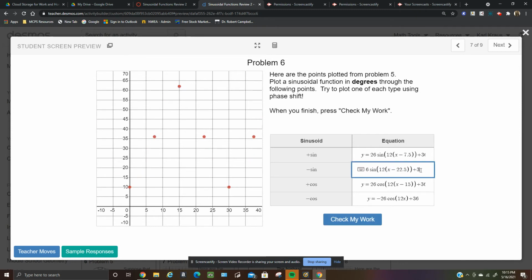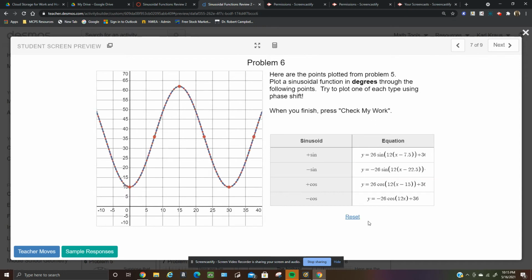I was wondering why that didn't go exactly through. It should be plus 36, not plus 35. All right, no, everything's right. So positive sine: y equals 26 sine 12 times x minus 7.5 plus 36.